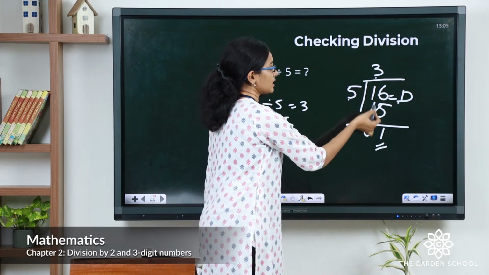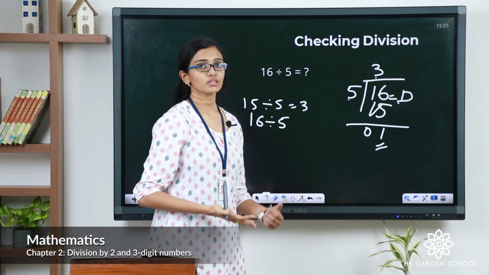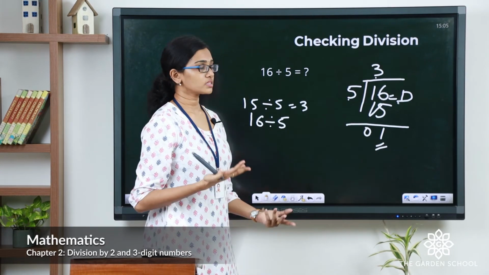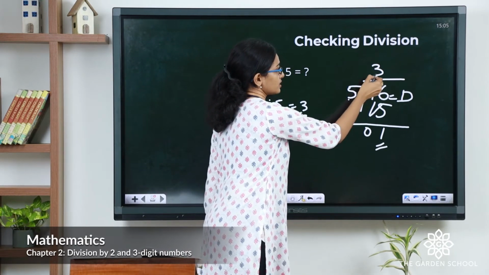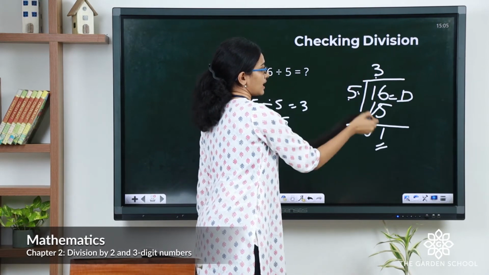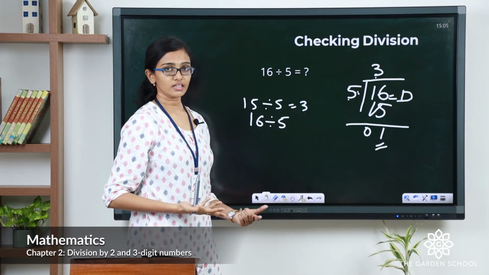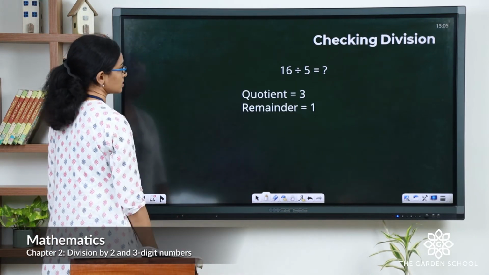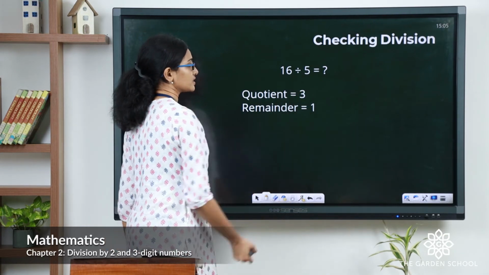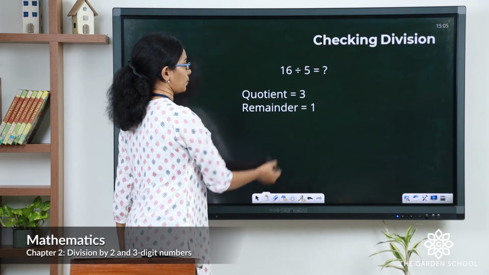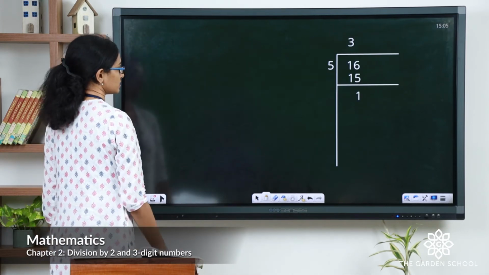So, we can take this as a method to check if the division was done correctly. We have to multiply the quotient and the divisor, plus you have to add the remainder. See, when you divided 16 by 5, you got 3 as the quotient and the remainder was 1.